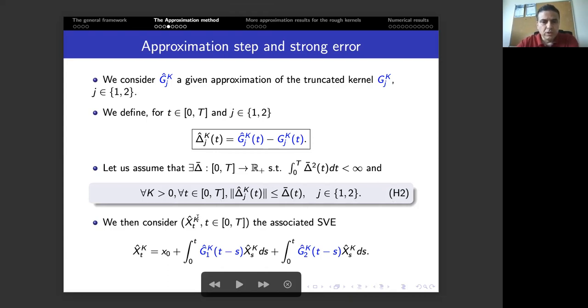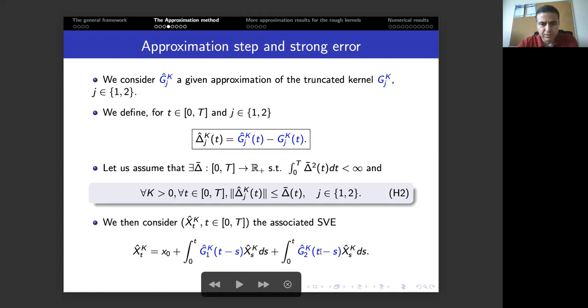Now we consider, as before, x hat k, the associated stochastic Volterra equation when replacing the kernel by the approximation g hat k. So here we introduce our approximation. Sorry, there are typos here: it's b of x hat ds, and this is sigma of x hat dWs.